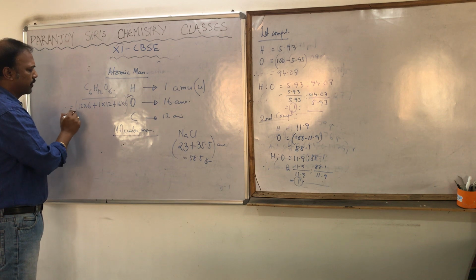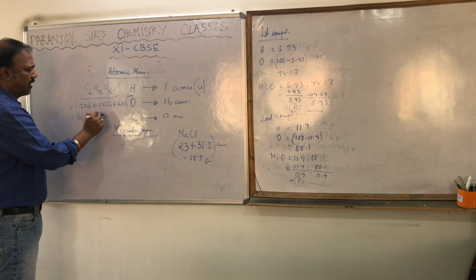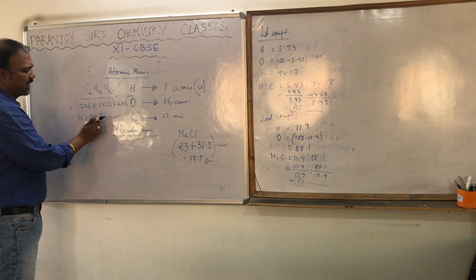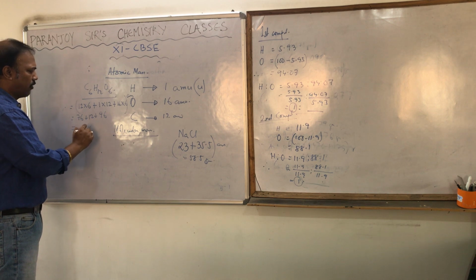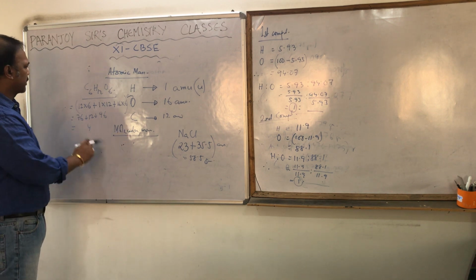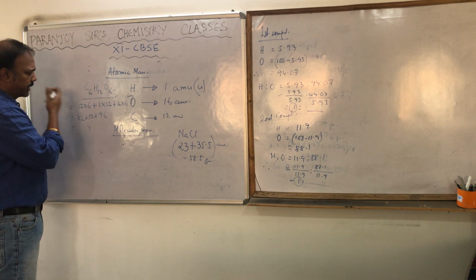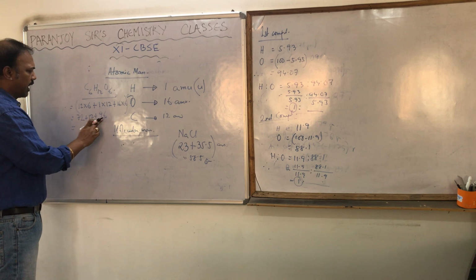So equal to how much? 12 into 6 is 72, sorry, I made a mistake earlier. So 72 plus 12 plus 96. 72 and 12 is 84, and 96 added makes 180.